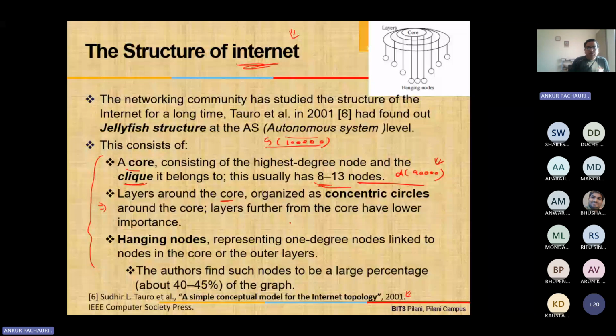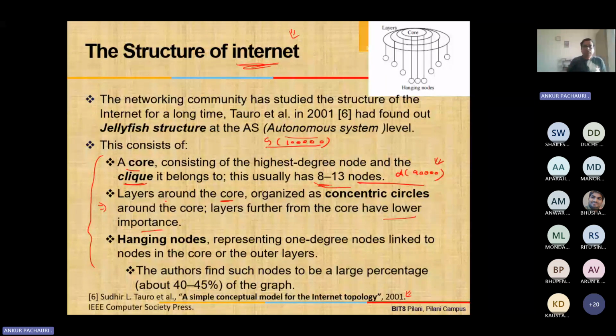Layers further from the core have a lower importance in terms of connectivity. Or in terms of importance also, but the moment I say importance, I'll have to come up with the criteria for how I should measure the importance. As of now, this importance is in terms of connectivity. So around the core, we had different nodes having lesser connectivity than the clique, than the core.